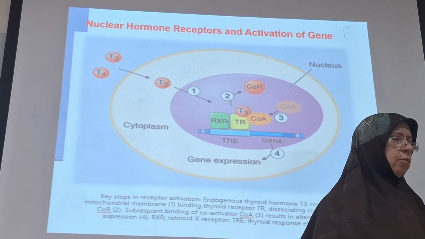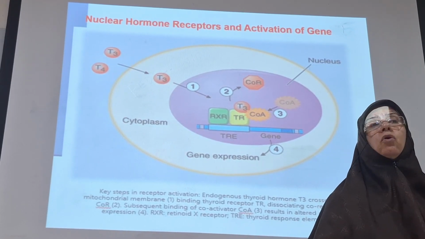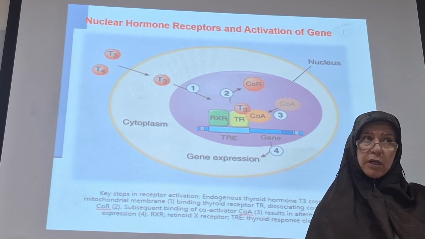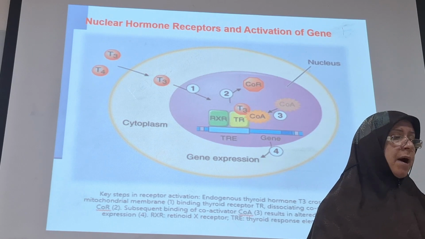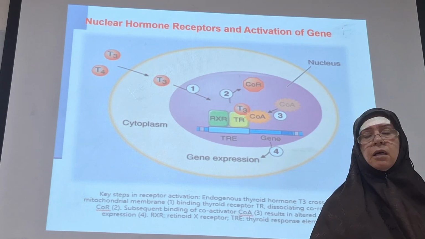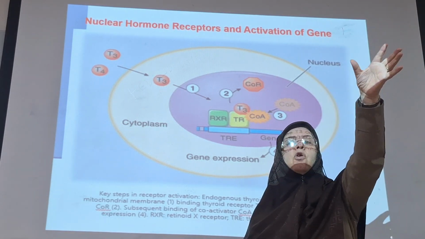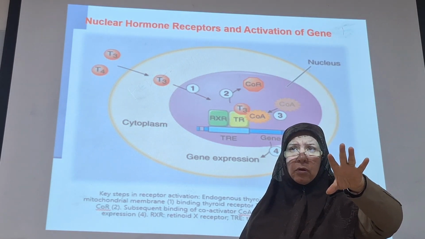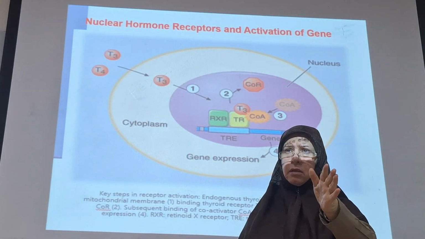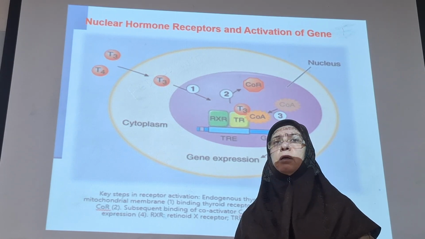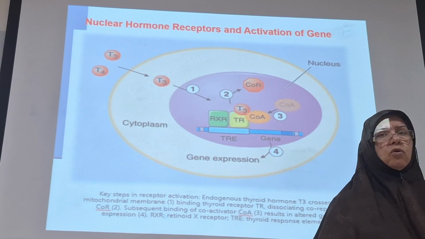About thyroid hormones: the thyroid hormone receptor is located in the nucleus, while the steroid hormone receptor is in the cytoplasm, and it binds to the TRE, the thyroid response element of the gene. So the receptor binds to the HRE or TRE of the gene, but is repressed by a co-repressor.